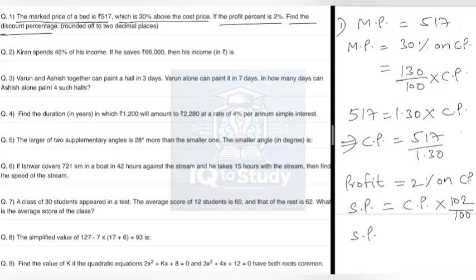We already know that CP is 517 by 1.30, into 102 by 100, that is equal to 405.64.